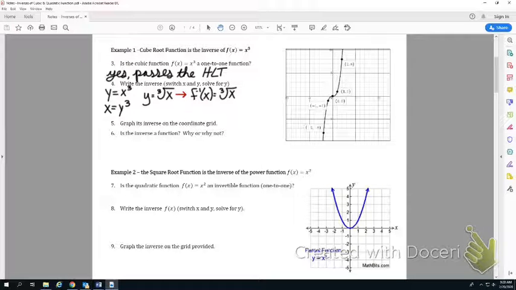Next it says to graph the inverse on this coordinate grid over here. So this should be pretty easy, because if the original has the point 2, 8, that means the inverse is going to have what point? 8, 2. You just take the x value and the y value and you switch it.